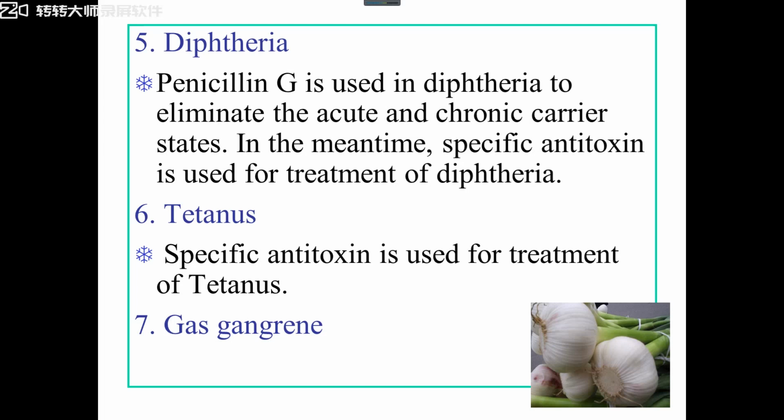So only after a big earthquake do we have this bacteria, and the patients may have infection and need amputation. But don't forget, doctors, penicillin G is still the first choice agent for gas gangrene and for anthrax. These rarely occur, but if we have these patients, we still use penicillin G.